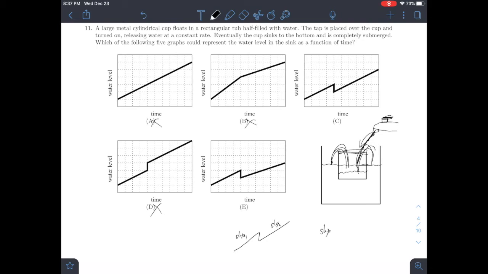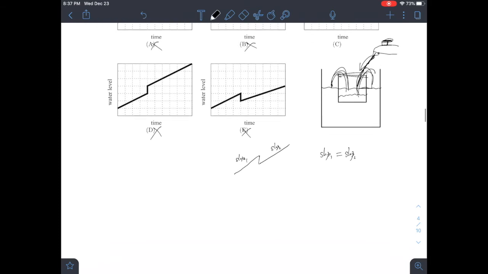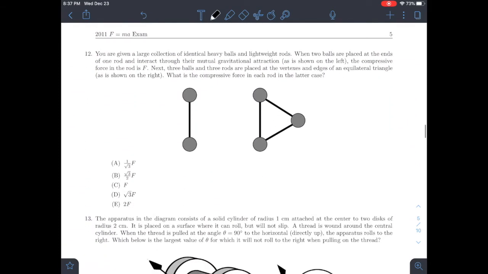The beginning has the same density and same volume submerged, and in the second part the water just flows into the tank, so the slope should be the same. So it should be C.